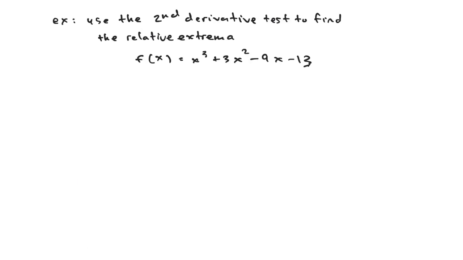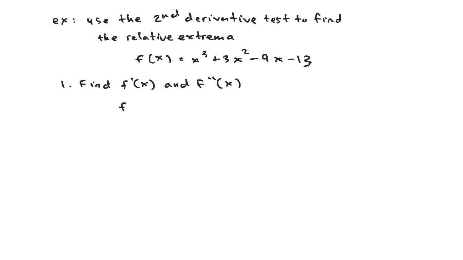Okay, so let's look at an example of how we would use a second derivative test. Let's say that f of x is equal to x cubed plus 3x squared minus 9x minus 13, and we want to use a second derivative test to find the relative extrema. The first step is to find f prime of x and f double prime of x, just using the power rule.